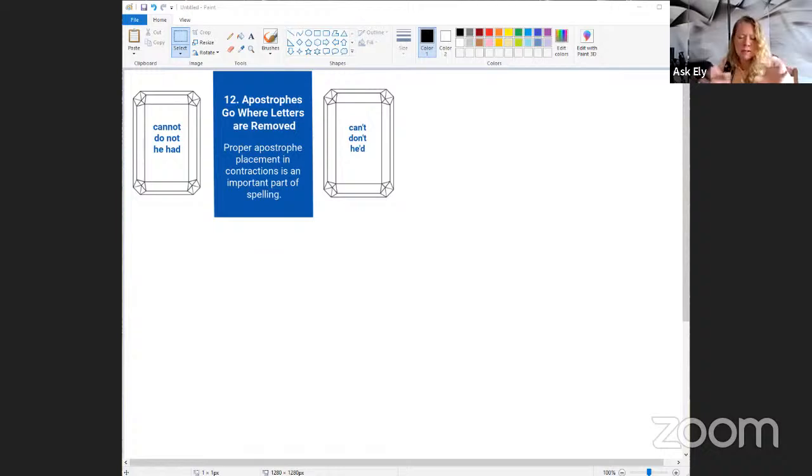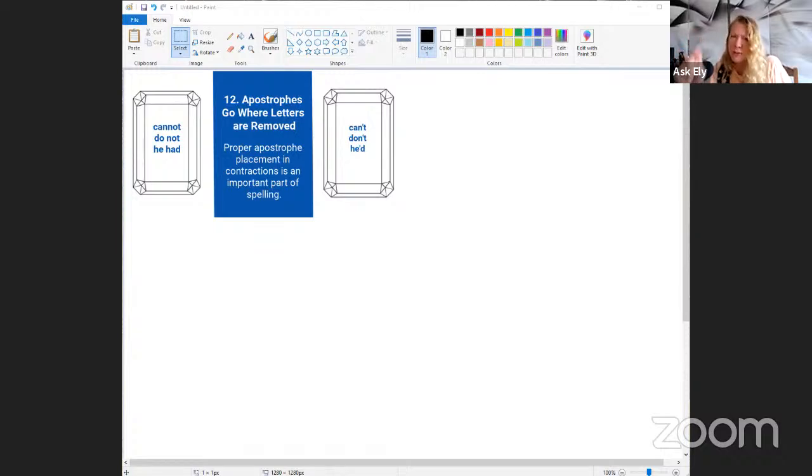Some people would separate it, CAN space NOT. So you can write cannot that way, or you can make it one word. So you'll see it both ways. That's fine. But the apostrophe is letting you know that there are some letters missing.